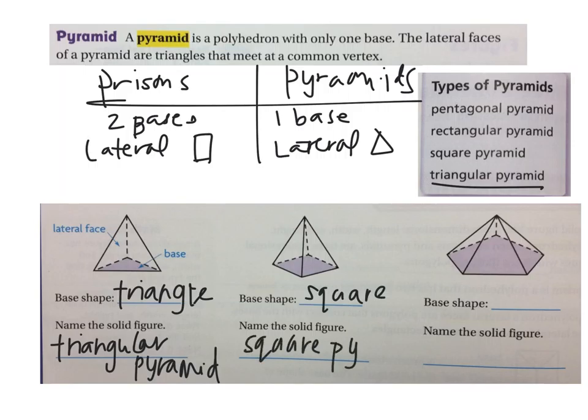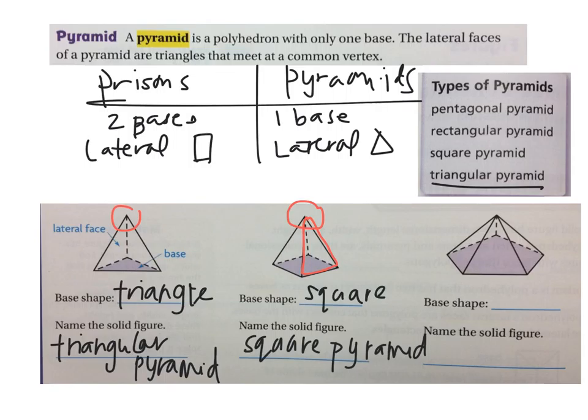How do you know that this is a square pyramid and not a square prism? Soham? Because its lateral faces are triangles, and it has only one base. Also, do the lateral faces meet at one vertex, one point? A pyramid must have one point where all the triangular lateral faces are meeting.